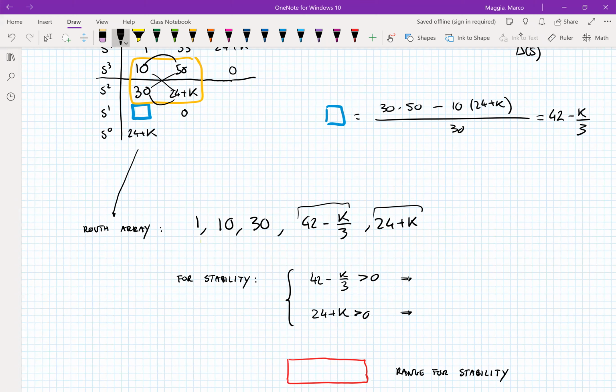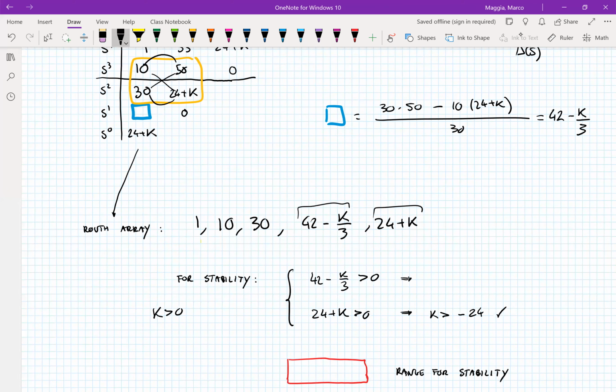Since we've conjectured that k is positive, well, 24 plus k is always positive. Here you would have k greater than minus 24, which is checked.